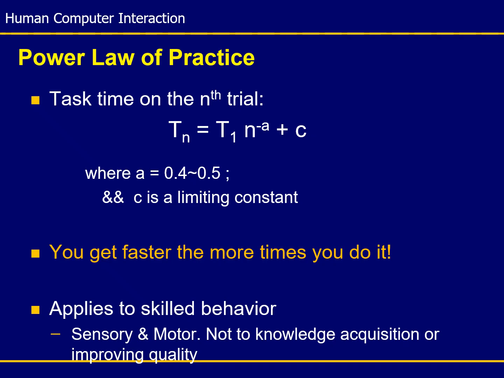You will not drop, say, 7 seconds, say, to 0.1 second. Okay, that's unlikely. But it will give you a sense of, as you keep repeating the movement, how much improvement you expect.